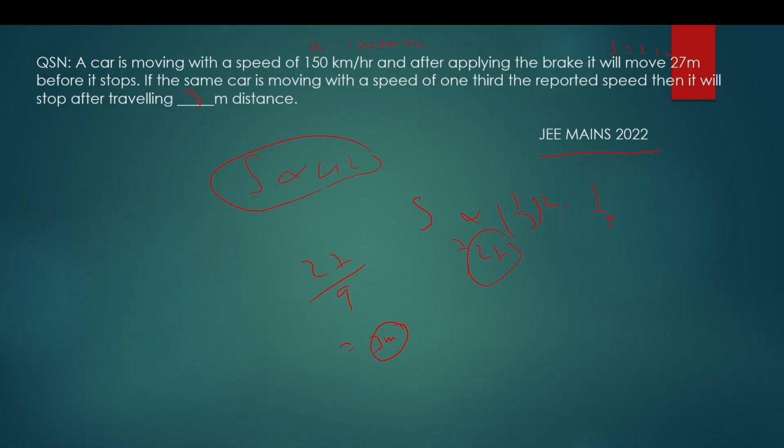This question has been asked in JEE Mains 2022. Very conceptual question based directly on the fact that s is directly proportional to u square, and stopping distance is basically u square upon 2a.